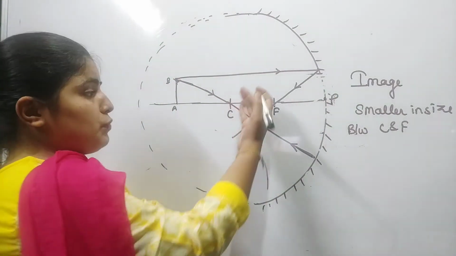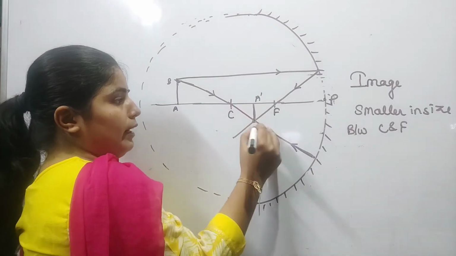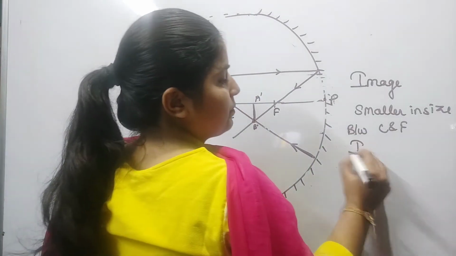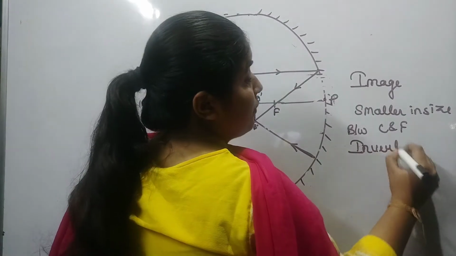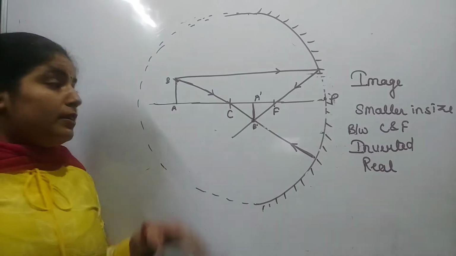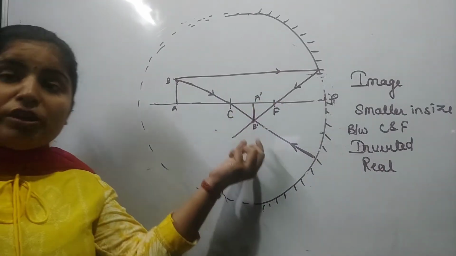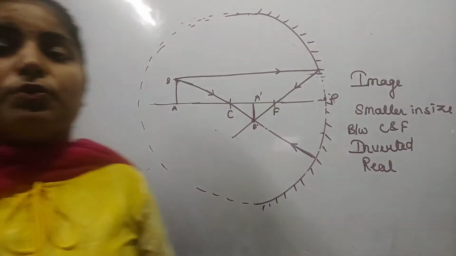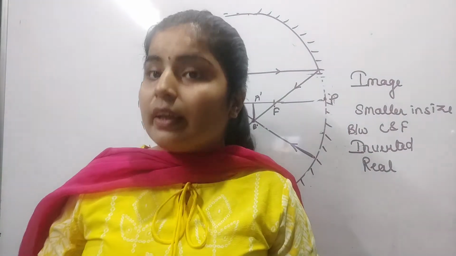The image is also inverted in nature, but it is also real in nature, because the two reflected rays actually meet each other. So the image which is formed is real in nature.